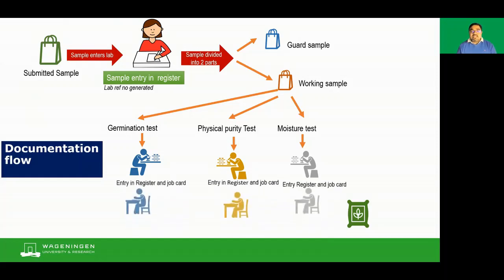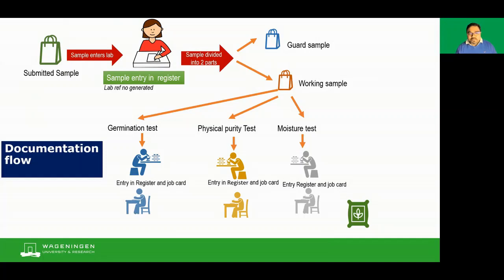And then after the results are entered, there's a job card kind of a thing also. There's a card that moves with the sample, where at the end of each step everyone enters the results. If you don't have a job card, this can also be done in software, in a tablet, where all the results of the sample are automatically compiled.